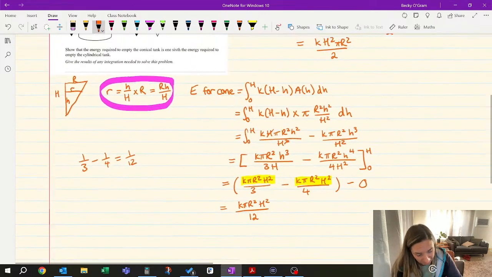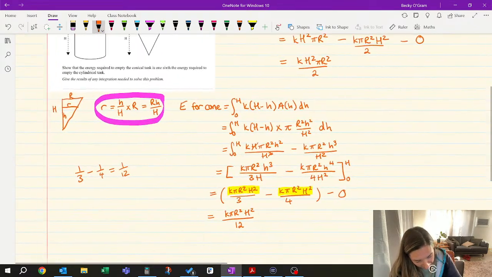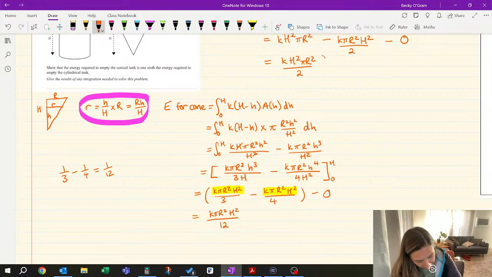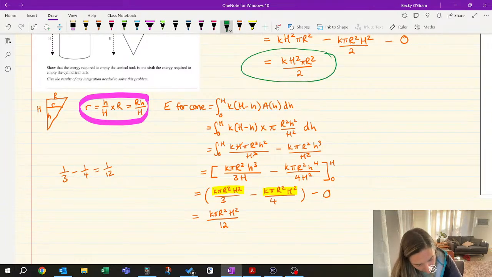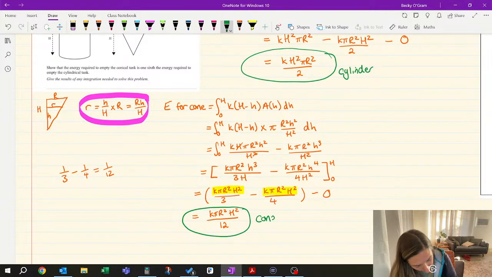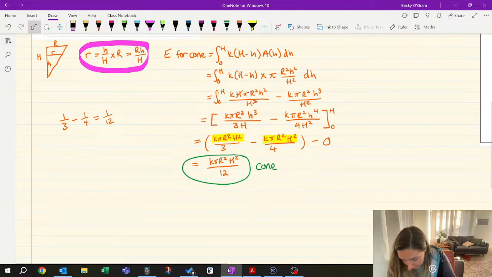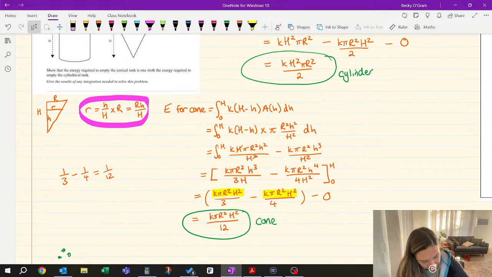All right, we're nearly there. So go back to what we had up here. So this one here, that was for the cylinder. And this one here for the cone. And we have the almost exact same thing. The tops are the same, but the bottom we have a half on the cylinder one and we have a 12th on the cone one.